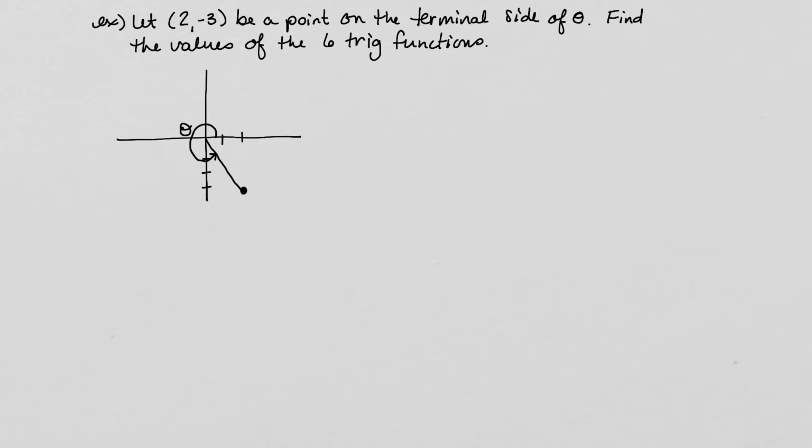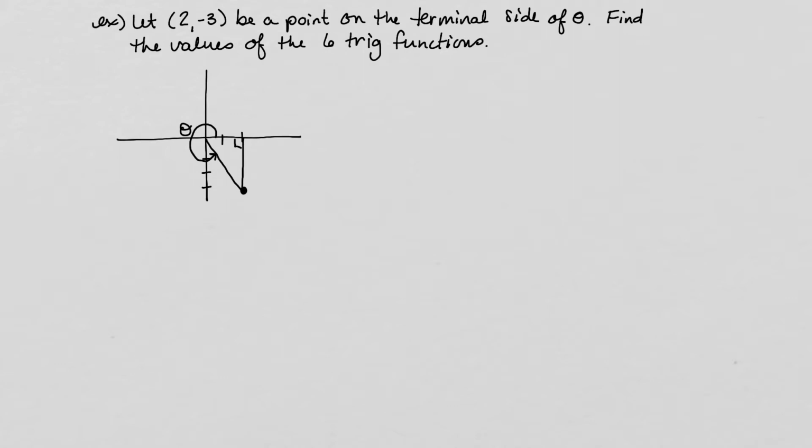So I want to make that reference triangle, and that reference triangle is always going to be drawn up or down to the x-axis, right? Remember, the x-axis is that horizontal line. So when making our reference triangle, we're always drawing a straight up and down line to connect with that horizontal line. I'm going to draw this line here, and that gives me a right triangle.